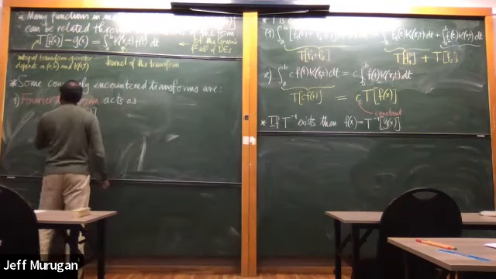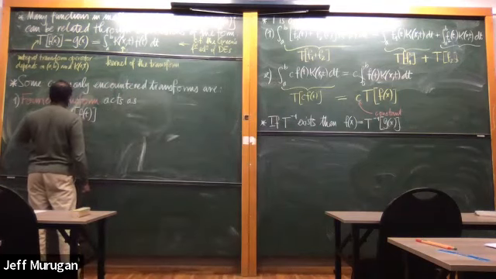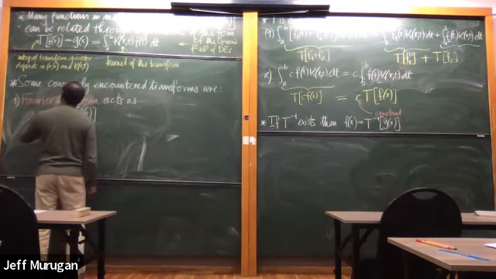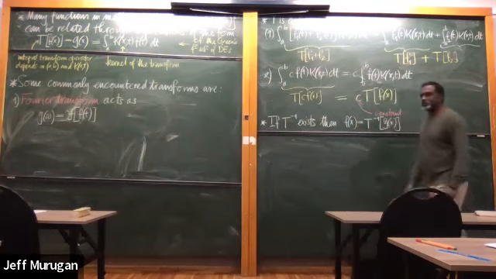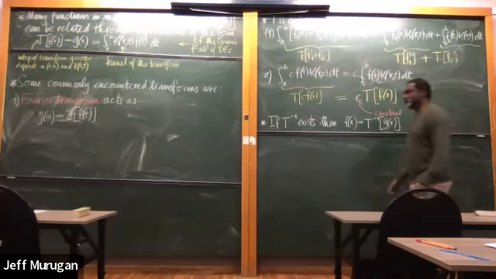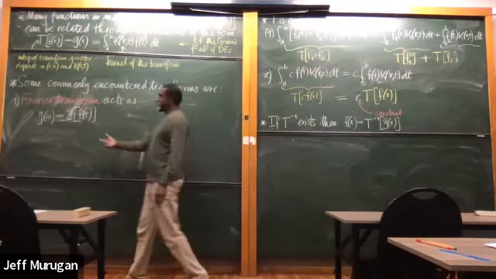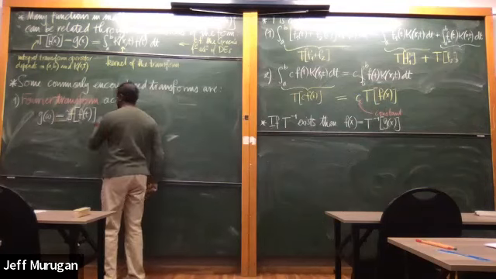This is the function g of omega. Don't be fixated on t's and omegas and x's and p's and stuff like that. The point is, this acts on some function to produce some other function.